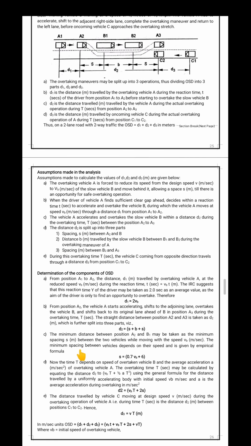When the driver of vehicle A finds a sufficient clear gap ahead, he decides within the reaction time t to accelerate and overtake vehicle B, during which vehicle A moves at speed VB through a distance D1 from position A1 to A2.